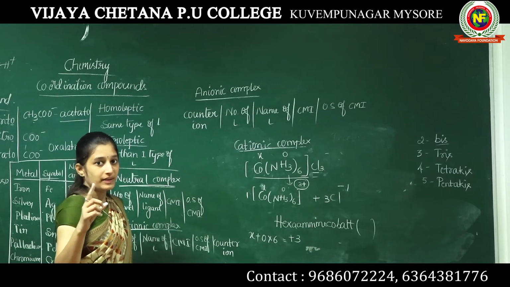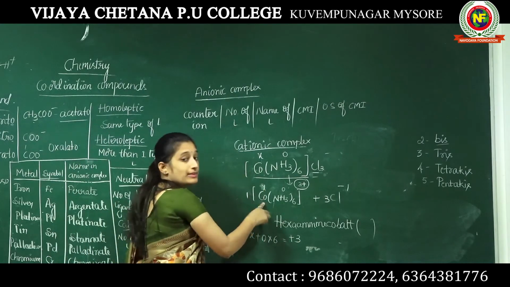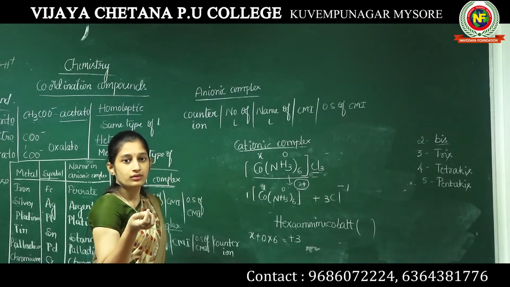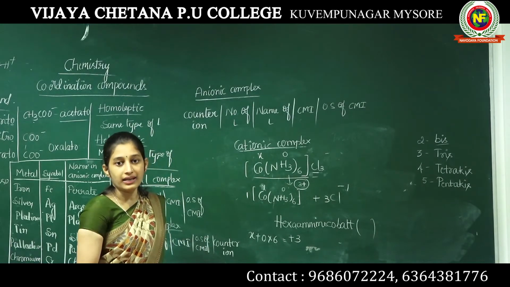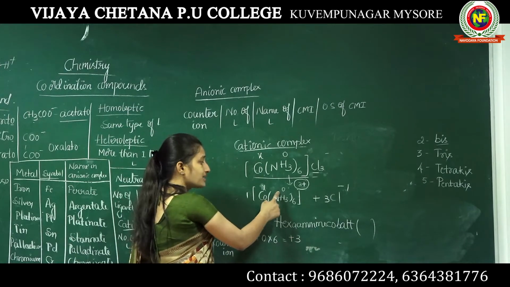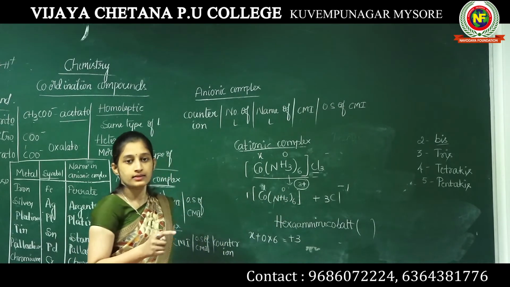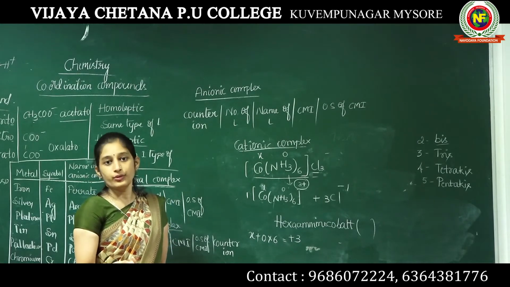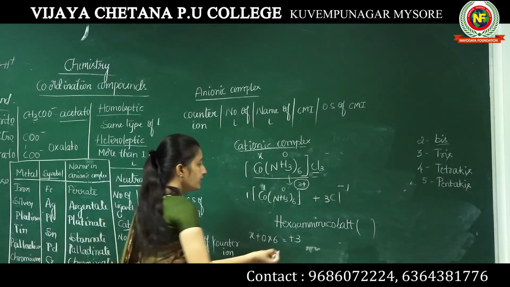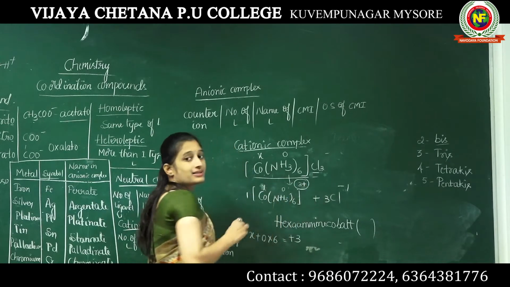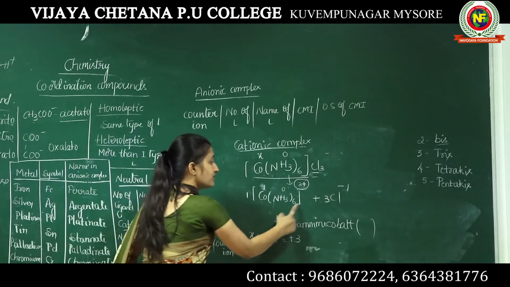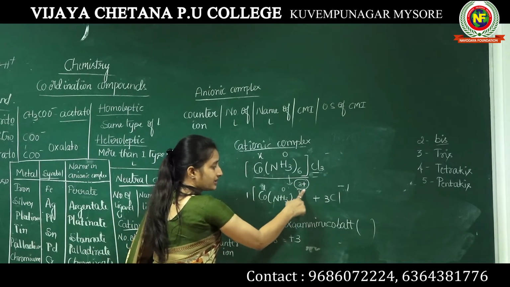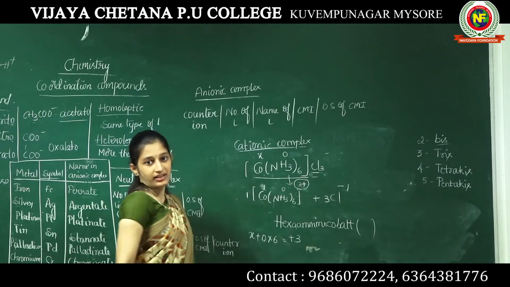Once again, x means unknown, I am going to calculate it. 0 into 6, because it's a neutral ligand and six of them are there. This cationic complex carries plus 3 charge.